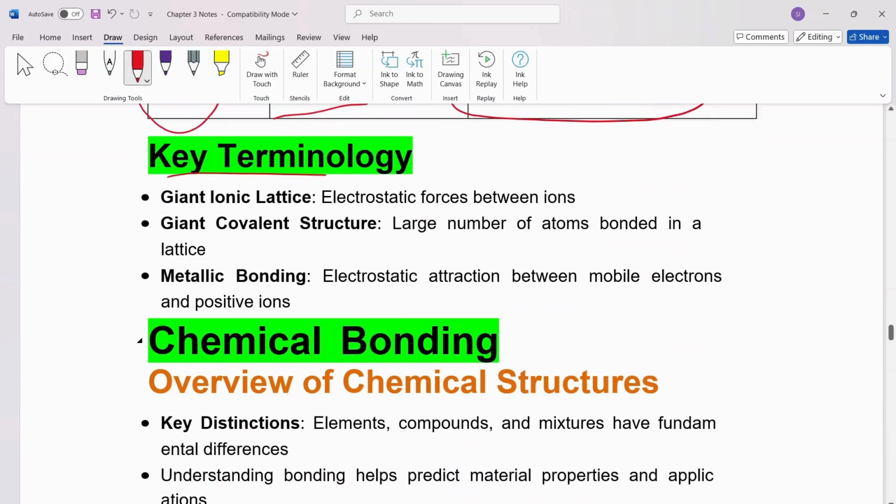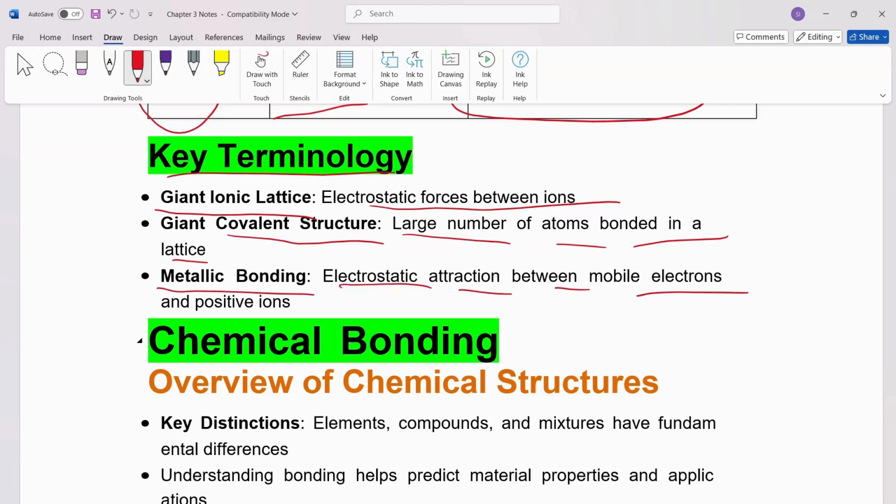Key terminologies here: giant ionic lattice, which is electrostatic forces between ions. Giant covalent structure, which means a large number of atoms bonded in a lattice. Metallic bonding: electrostatic attraction between mobile electrons and positive ions.